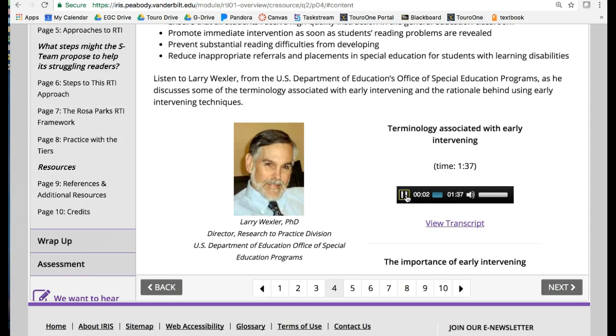There is some confusion because there are some very similar words being used based on the legislation. Let me start with the term early intervention. Early intervention under the IDEA has a very specific meaning.